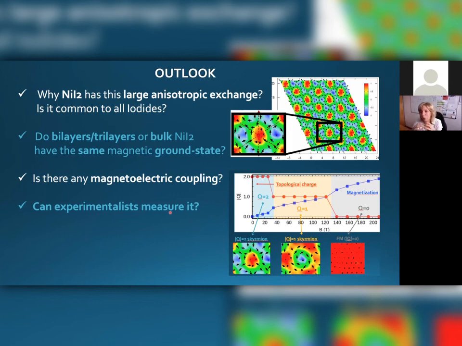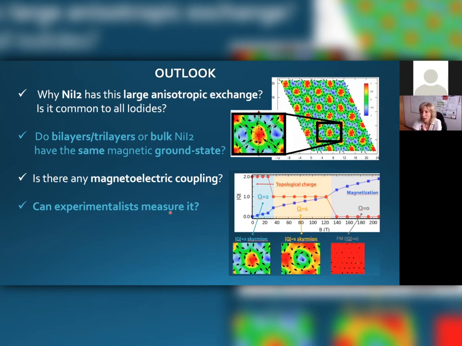I would like to understand why nickel-I2 has this large anisotropic exchange and what drives it, and it's not only spin-orbit coupling. There are certain materials which we lack an understanding of that show an anisotropic exchange.